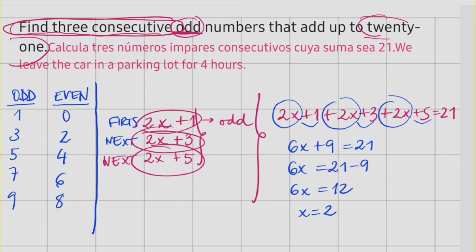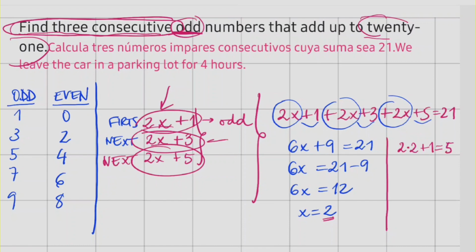Fine. Is that all? Is that the answer? Well, not quite yet, because we said that the first one is this, 2x plus 1. Because x equals 2, that means that the first answer is 2 times 2 plus 1. So the first number is 5. How about the next one?